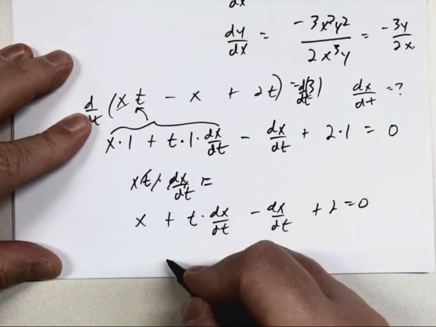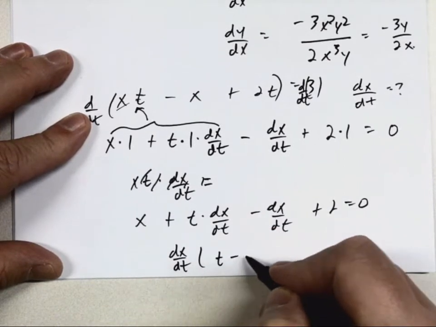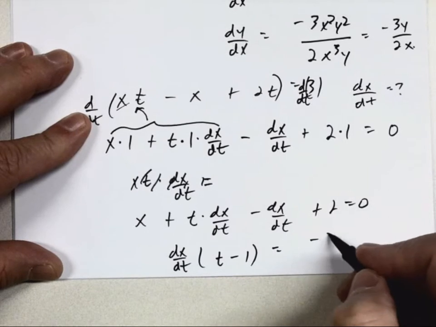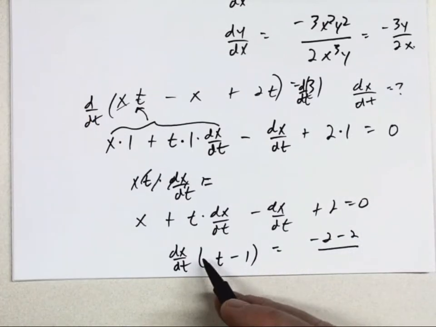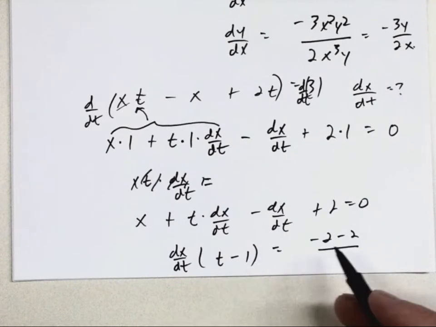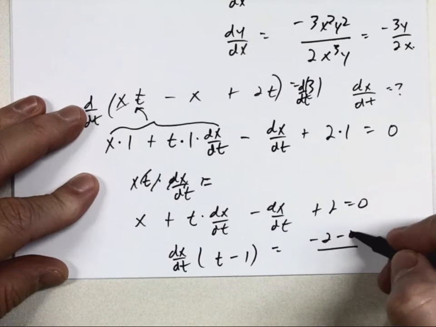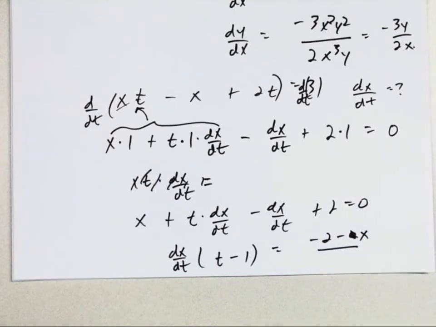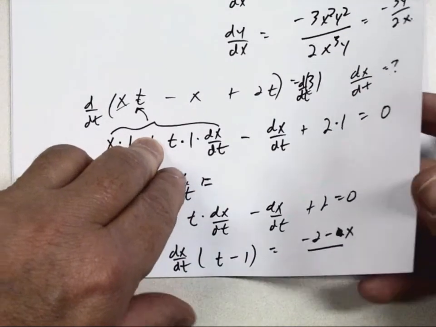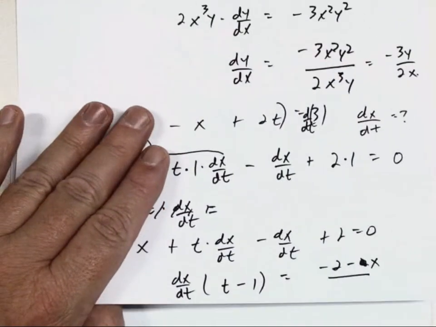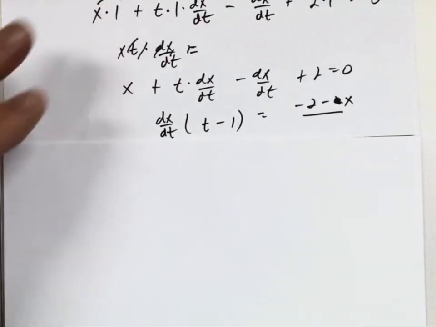I'm also going to factor out dx dt, so I'm going to do 2 steps here. So dx dt, factor out, times t minus 1 equals, sorry, I keep making mistakes, negative 2 minus x. So then to finish this off, if I want to solve for dx dt, I simply divide both sides by t minus 1.